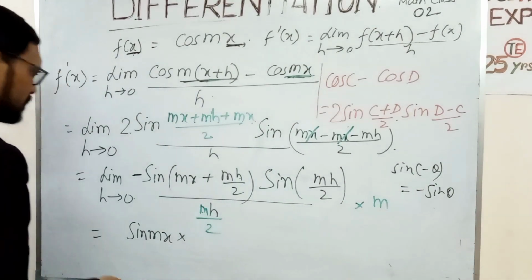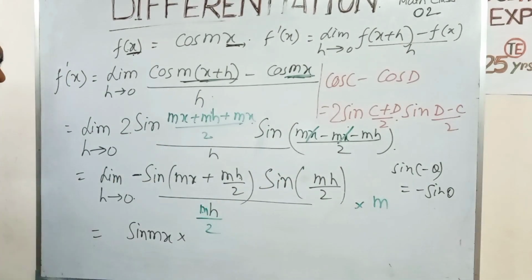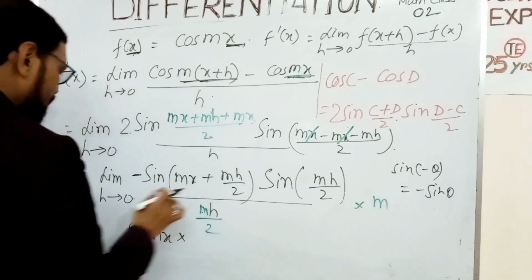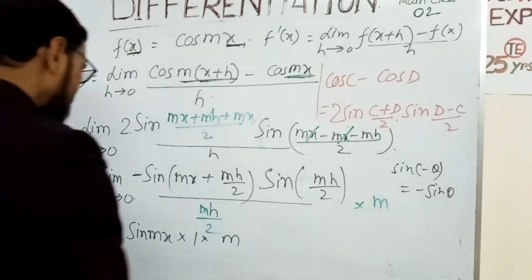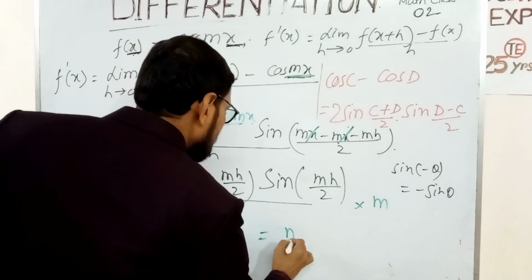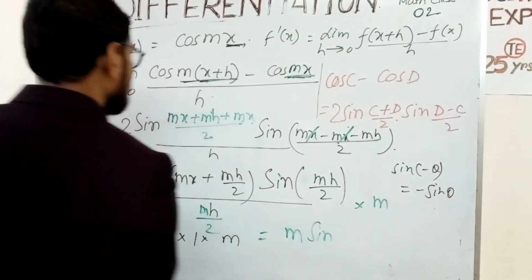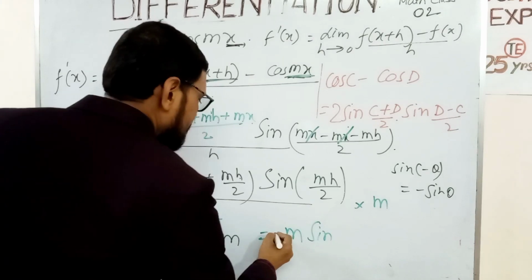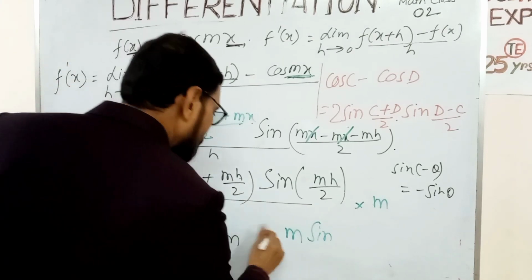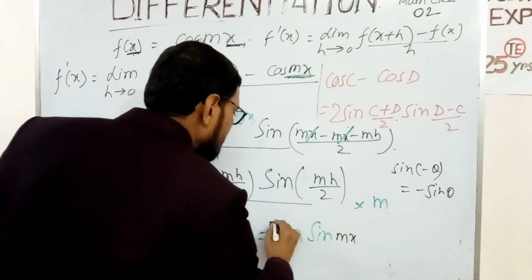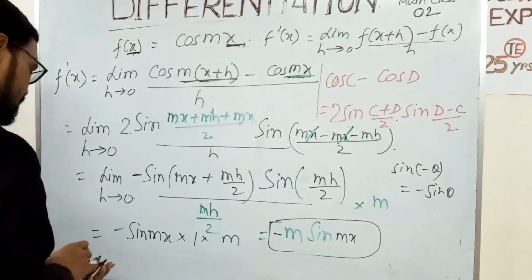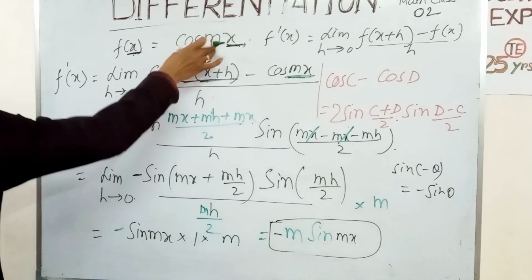So sin theta by theta equals 1, and this is m. So the result is minus m sin mx. So the derivative of cos mx is this.